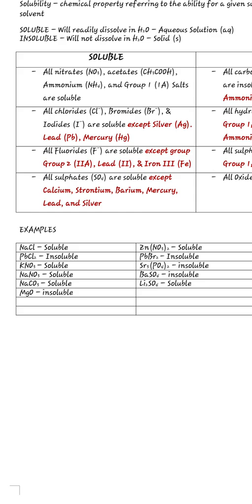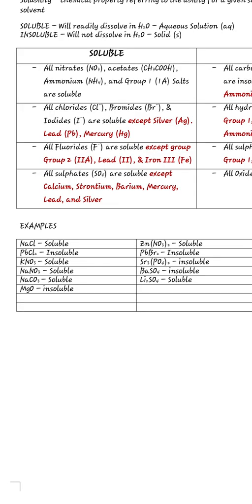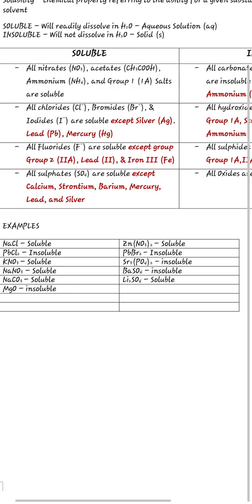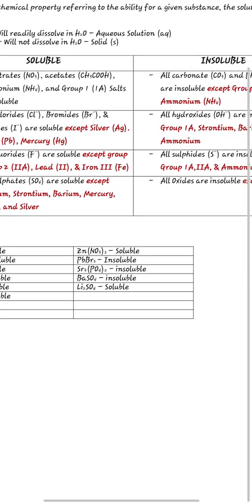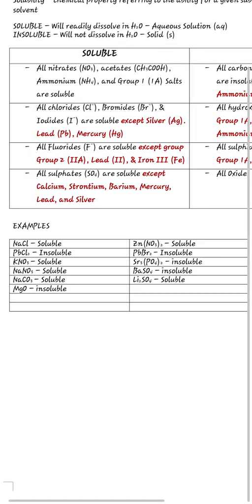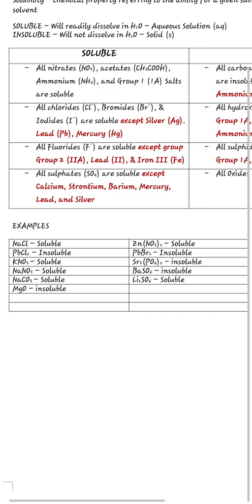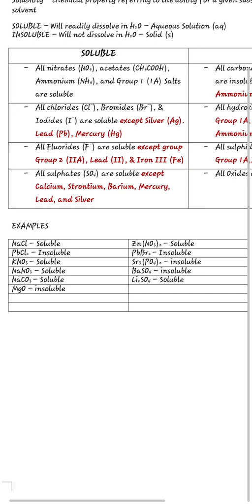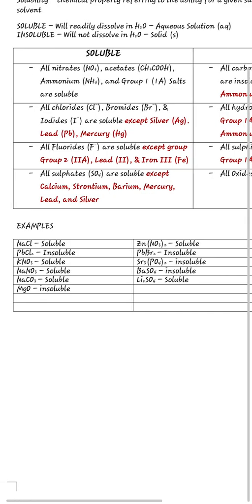From sodium nitrate, we have soluble, because sodium nitrate itself is soluble. We have sodium carbonate, soluble again. Now we also have magnesium oxide, magnesium and oxygen.